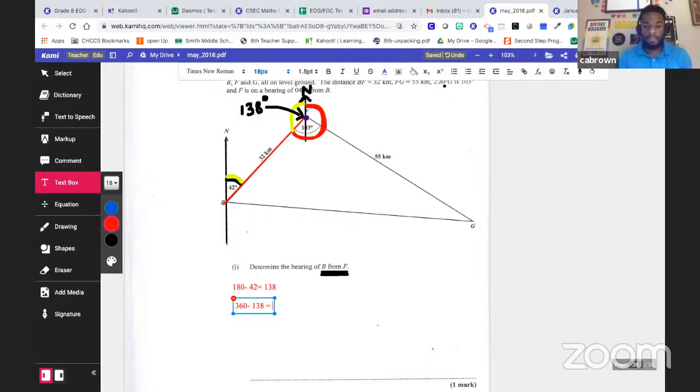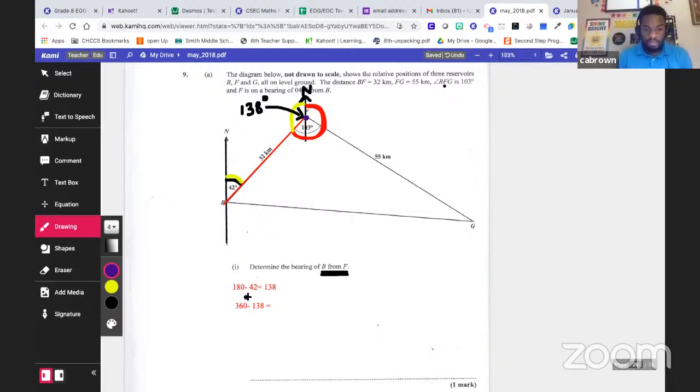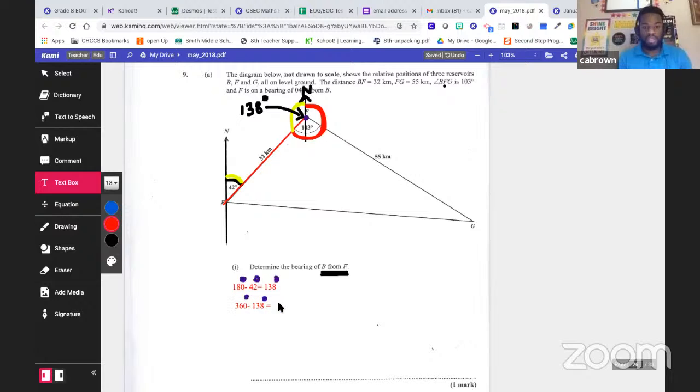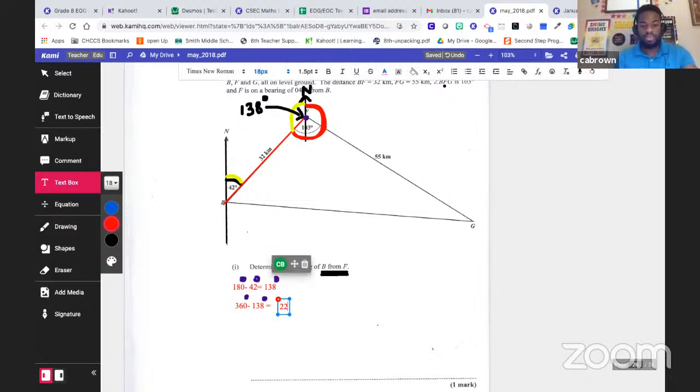When we do that, what do we end up with? Let me put on my degrees symbols. When we do 360 minus 138, we get 222 degrees.